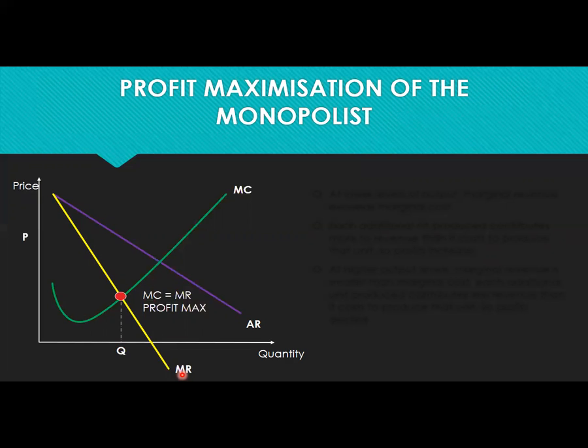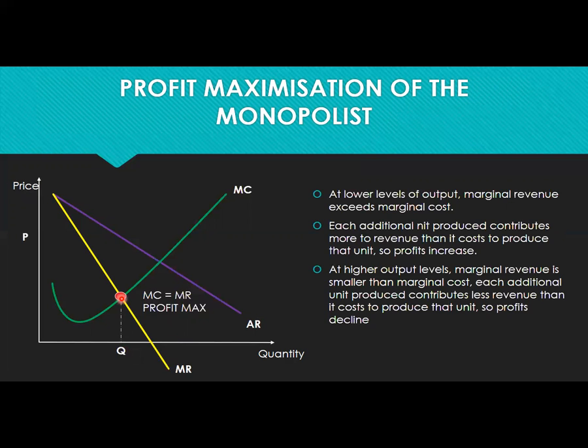Remember, and this is where it becomes a little complicated, you do not sell on your marginal revenue curve. You sell on your demand curve. But you have already established that you are going to sell this quantity because this is your profit maximization point. So you extend this line upwards until you reach your demand curve over here. And this is the price at which you are going to sell your product.